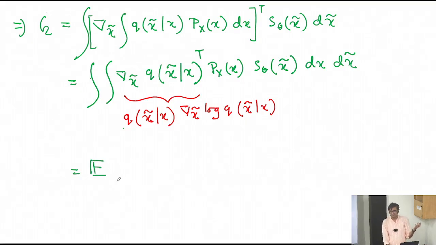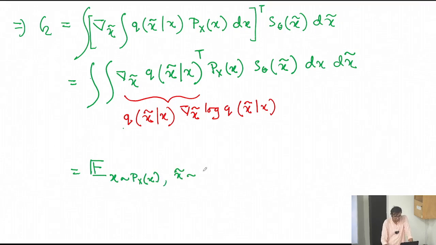Just let me know if you're not able to follow. I'll write it. Okay, but let's see. So x drawn from p x of x, x tilde drawn from q of x tilde given x, which is a Gaussian, and then what is there?